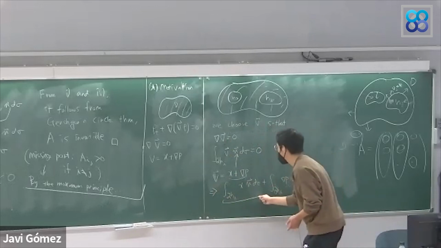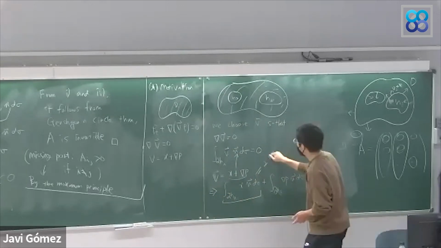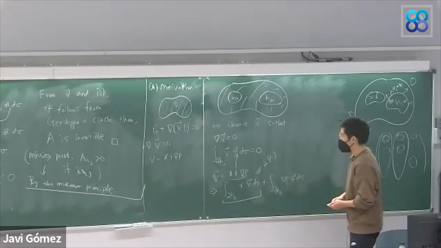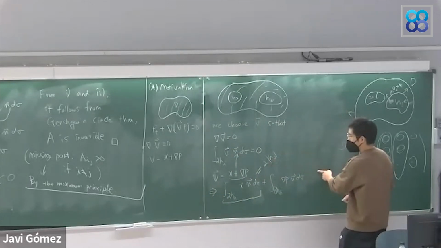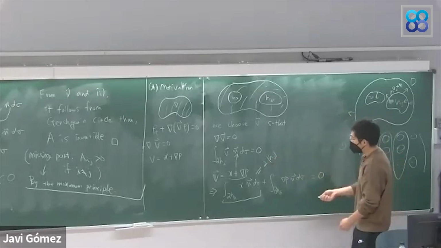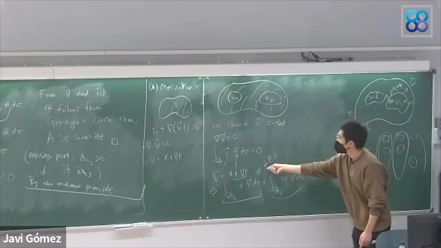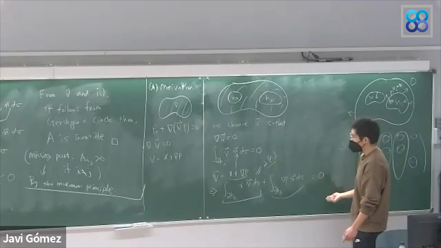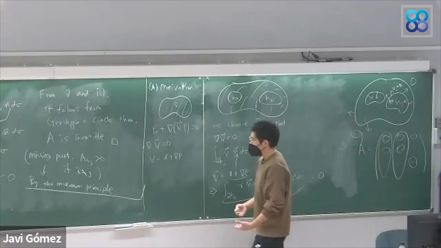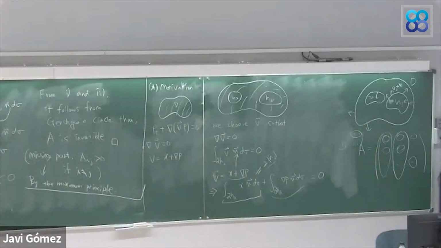But this guy is exactly 2 times the area of the hole. So when you move it to the right hand side, then the boundary integral is equal to negative 2 times the area of the hole. That is the requirement on the function P. So that's the motivation.